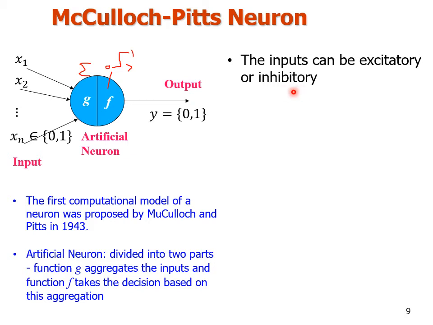So, if we have any input that is inhibitory, irrespective of all other inputs, our neuron does not fire. In our example, if I am ill, the output of my neuron is 0.